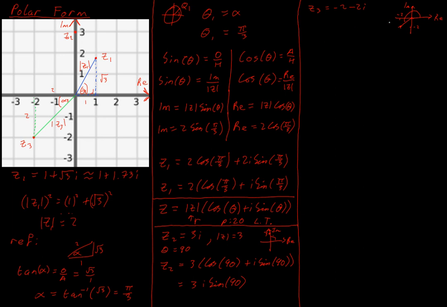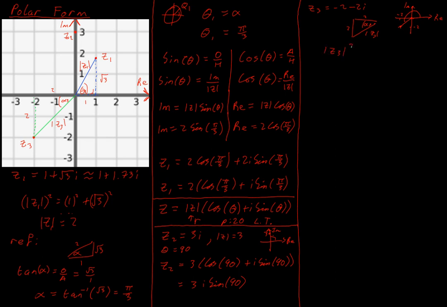So if I look at my triangle that I've got going on here, I have a little triangle. I'll write it in the same orientation so I don't get myself confused with things. I've gone 2 and 2, and in a minute I'm going to look for my reference angle alpha 3 down here. But for right now I'm looking for my modulus of Z3, which again is just the hypotenuse of a triangle.